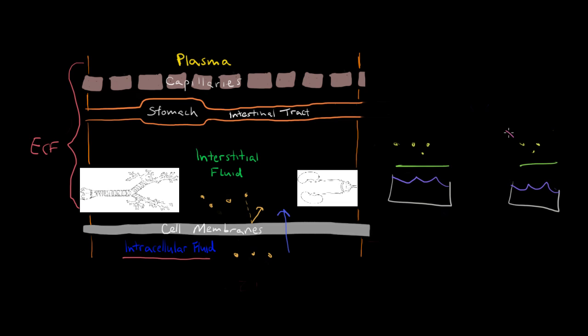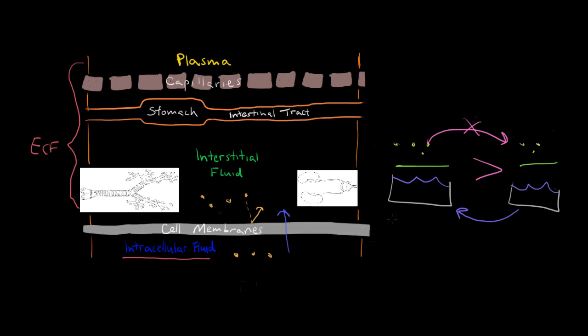But this cannot happen. The particle cannot move to this side. Or actually, this extra particle right here cannot move to this side. So this concentration is greater, but we cannot reach this equilibrium in concentration. So instead, we have fluid flowing from here to here.